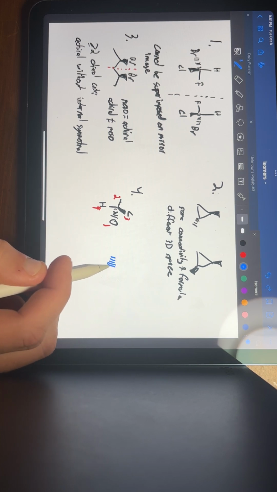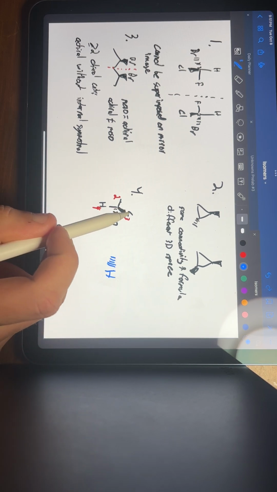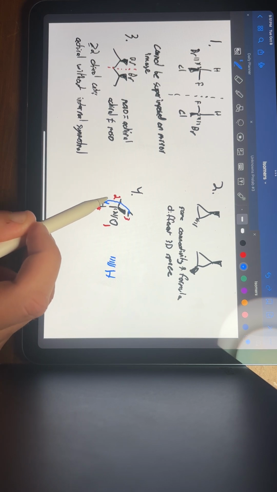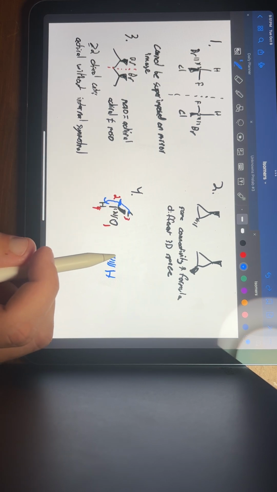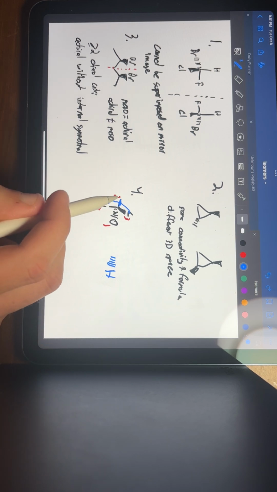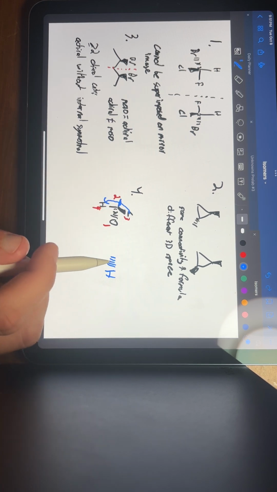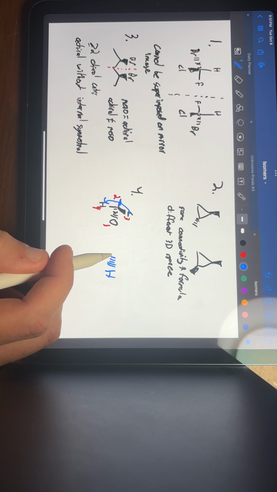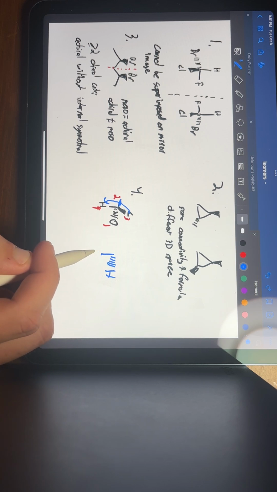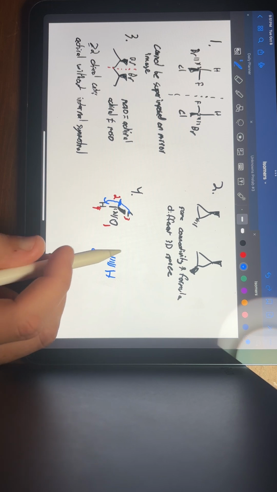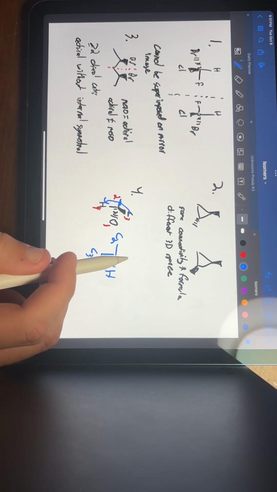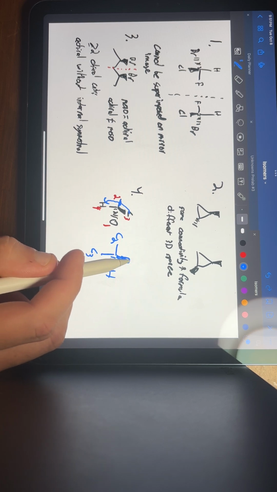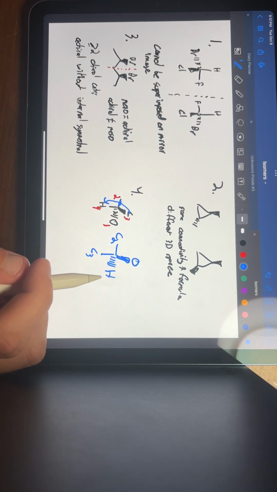That means that this carbon is going to come down to here, because we're basically rotating around this carbon here. The whole molecule is going to rotate, but I'm just rotating around that so that we can figure out where everything goes. That carbon moves down to here. So C3 goes there. C2 seems in the same spot. And O ends up there.